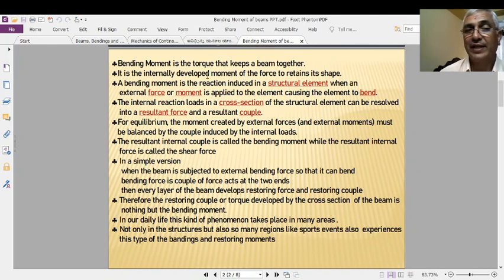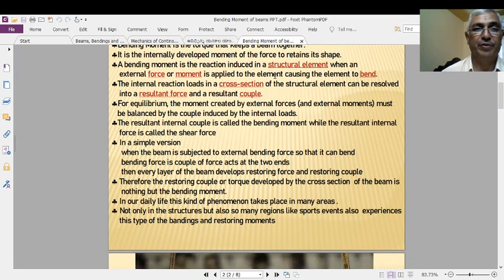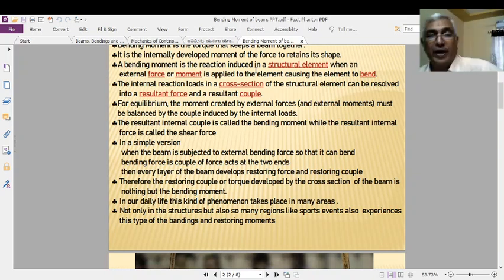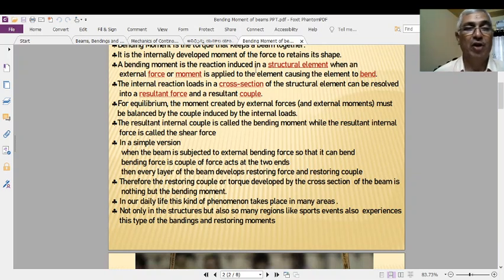I said that the restoring forces or restoring couple are internally developed to retain its shape. On the other hand, bending moment is the reaction induced inside the structural elements. The inside elements react to the external forces and the external couple, and develop the restoring couple.